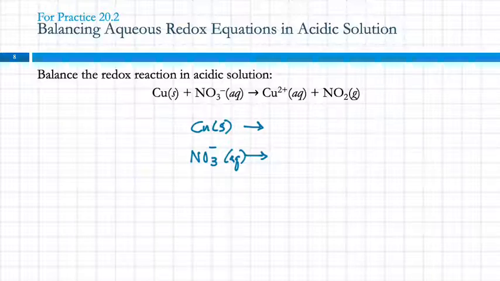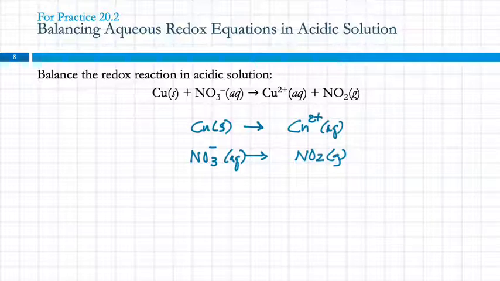There are some that get crazy complicated, but we're not going to do that to you. So copper is going to go to one of these. I just pick the one it's most like, which is the Cu2+. And NO3 going to NO2. Seems like that might be possible. They're similar, right? They have some of the same elements.